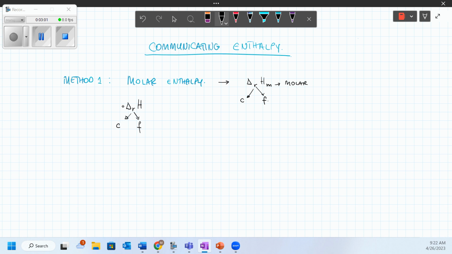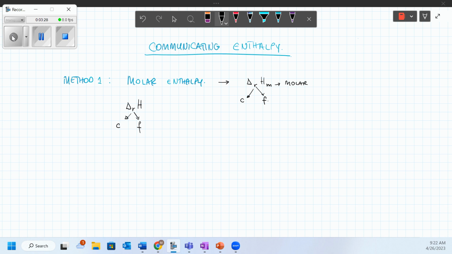So let's suppose that we have the formation of an element. We'll go to the data booklet on pages 4 and 5, and at the top of the data booklet, you have a standard molar enthalpy of formation at 298.15 Kelvin. What does that mean?